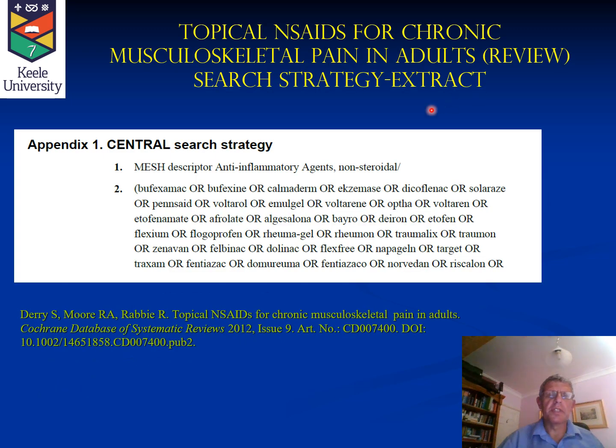We'll just have a look at the search strategy from one paper. This is the paper here. It's called Topical NSAIDs for Chronic Musculoskeletal Pain in Adults, and it was published in the Cochrane Database of Systematic Reviews in 2012. And this shows some of the terms that were used in the search strategy.